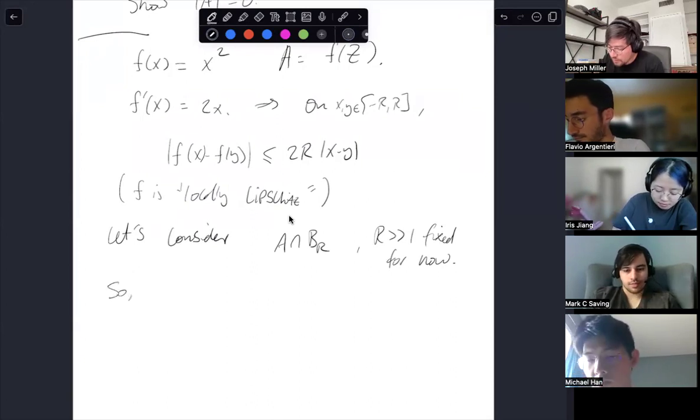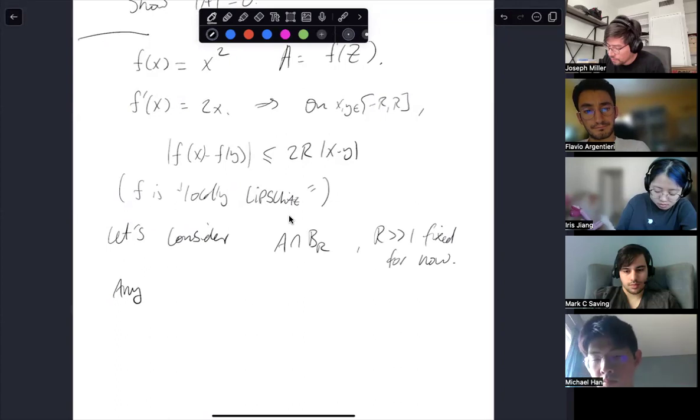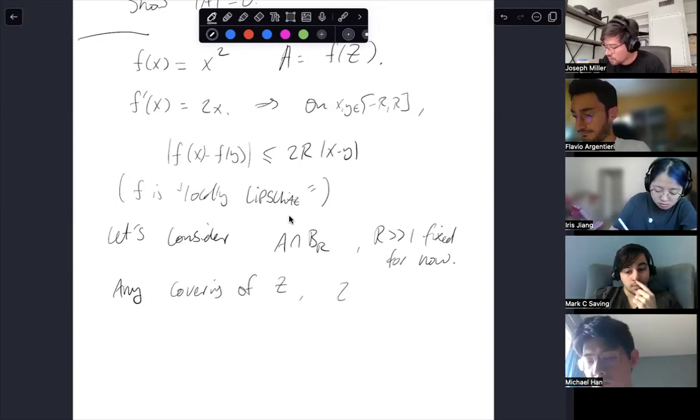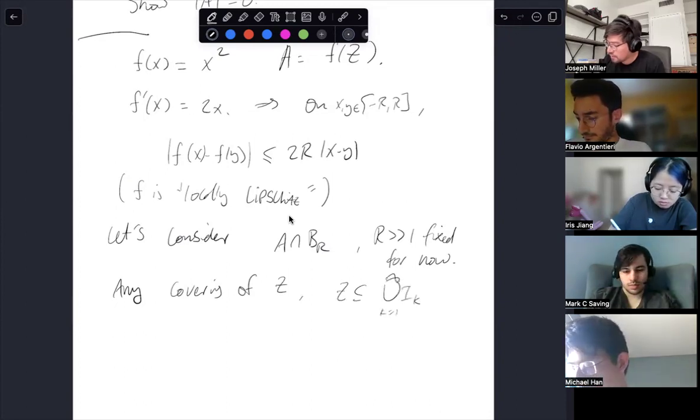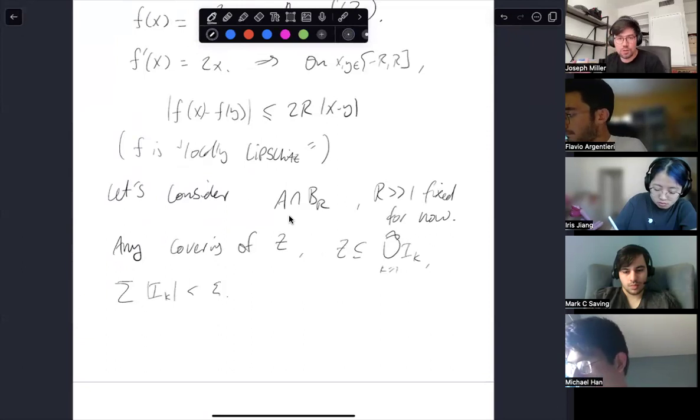So what I want to say is, any covering of my original set Z, so Z is covered by some intervals, with the sum of lengths being small, for example less than epsilon, since I know that Z has measure 0.